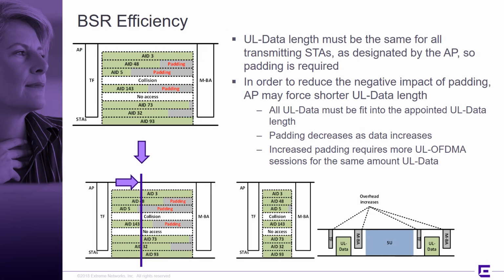The efficiency of the BSR, Buffer Status Report, process is an important one. We mentioned on the last slide that the uplink data transmission time for each of the clients must be the same. So when assigning this amount of transmission time to the clients, the AP has to decide how long it will be, because of course some stations don't have very much to send, and we wouldn't want those stations having to pad a lot.